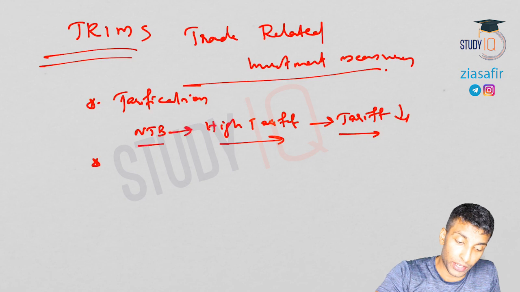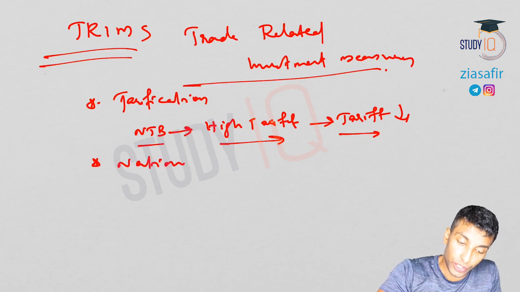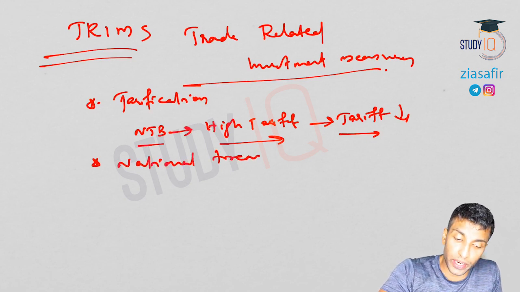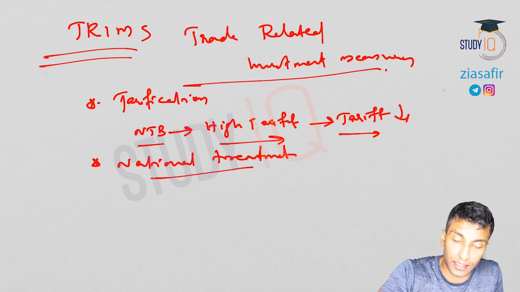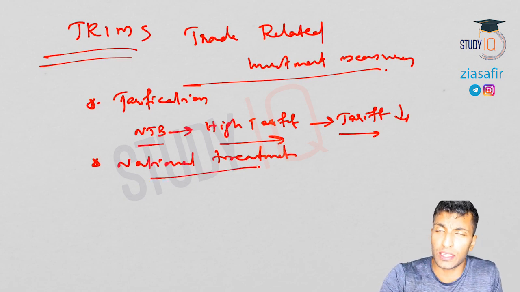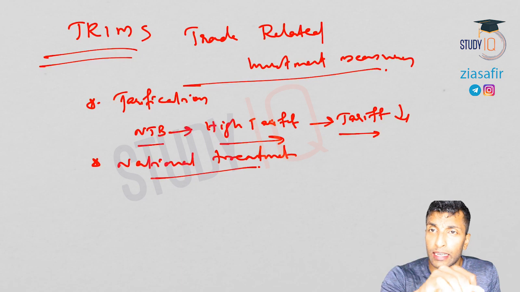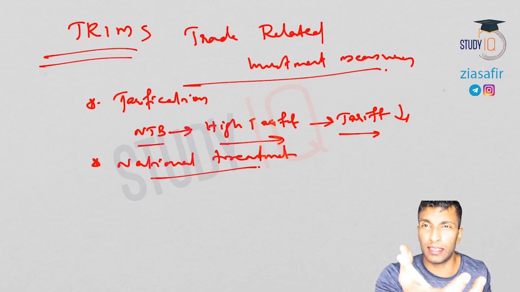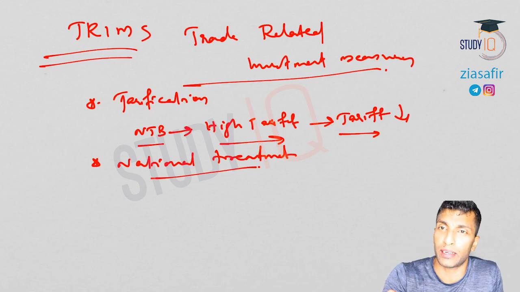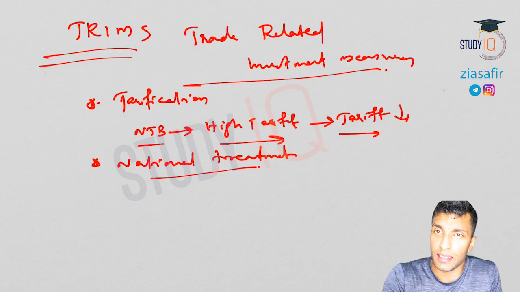Second one, national treatment. If you remember what we discussed already, this will be easy for you. In the case of imports, the imported commodities should be treated like national products. Is it possible to treat a national product and a foreign product as the same? It is impossible.